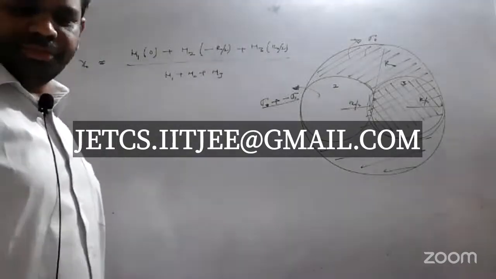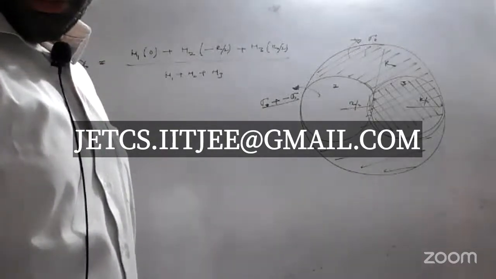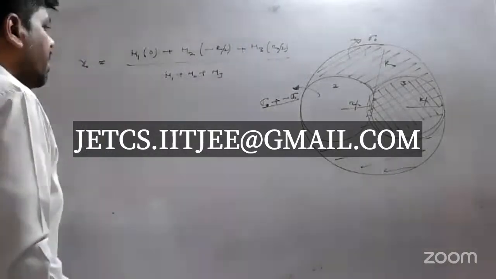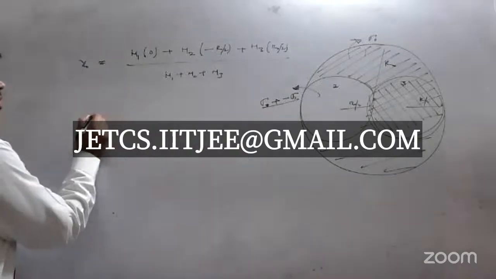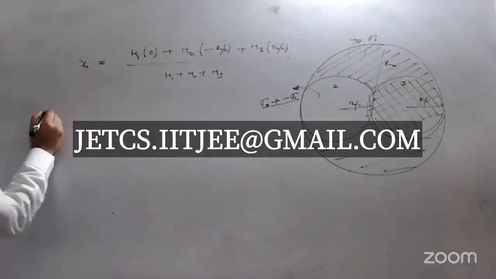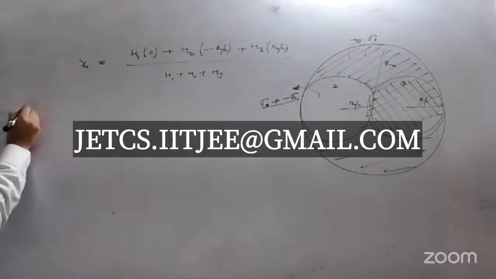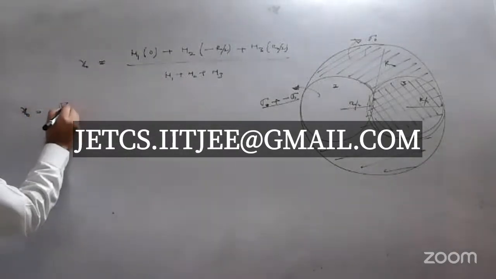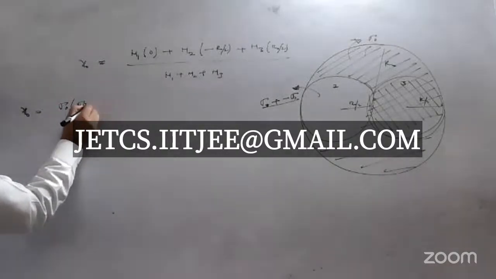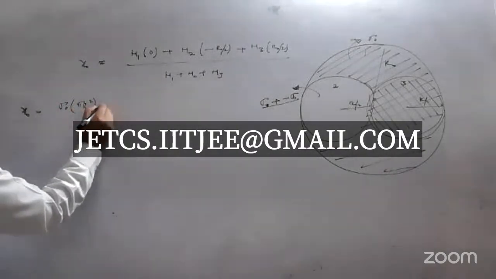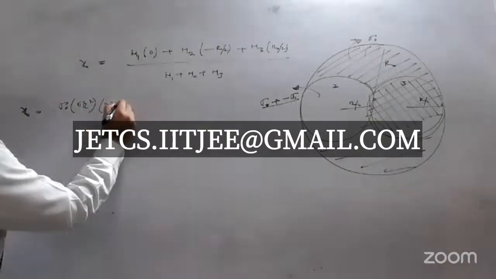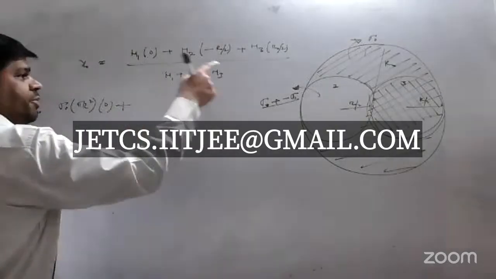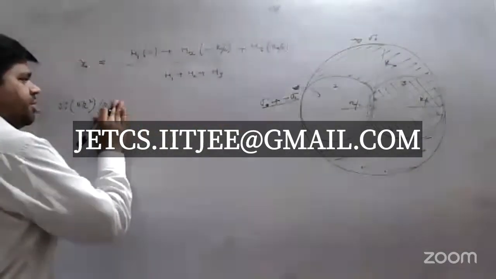Okay, now what do we get? Mass M1. So x naught is equal to, how much is M1? Sigma into pi r square into 0. Anyway, 0 is gone. Plus M2 is negative sigma.